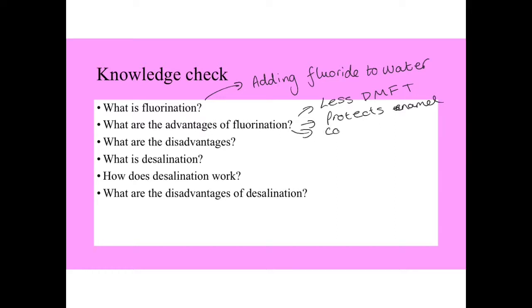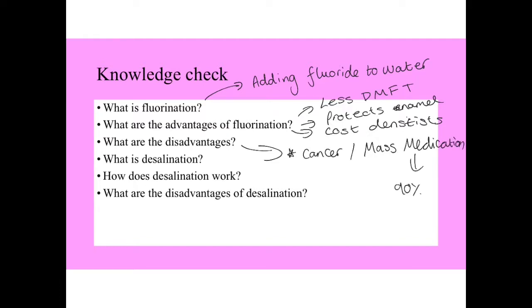It saves on dentists. Okay, what are the disadvantages? It's linked to cancers like stomach cancer. It's a form of mass medication. And the big one is it's already in 90% of your toothpaste anyway, so why does it need to be in your water?